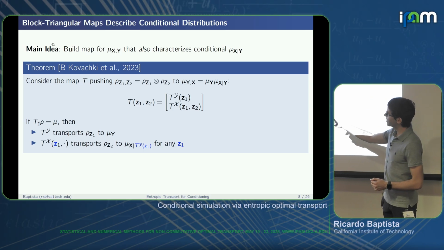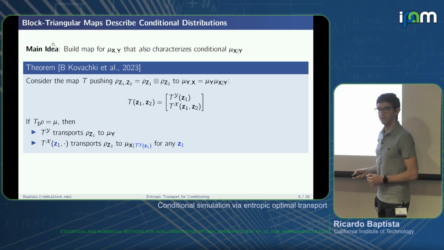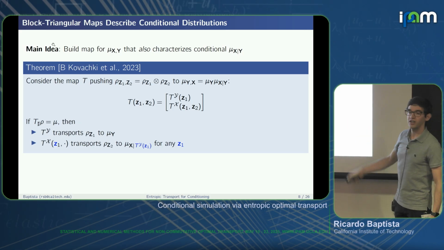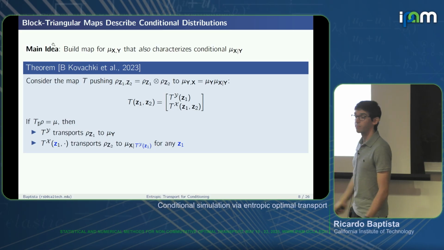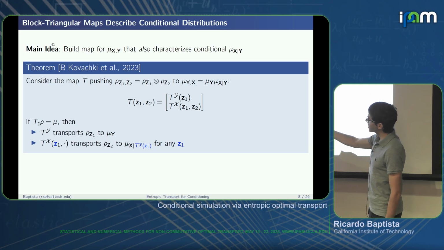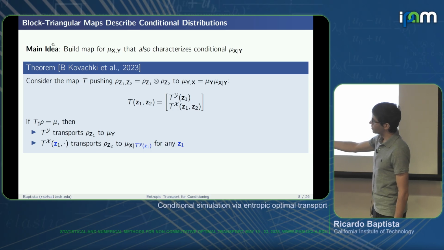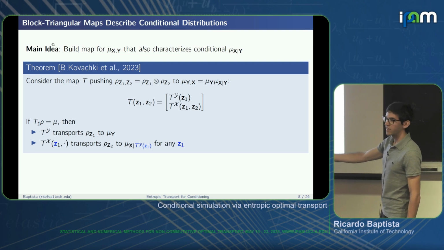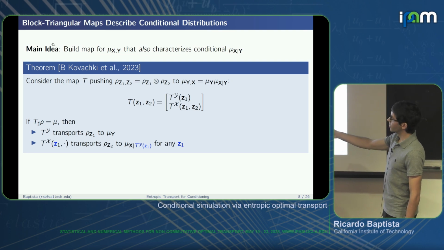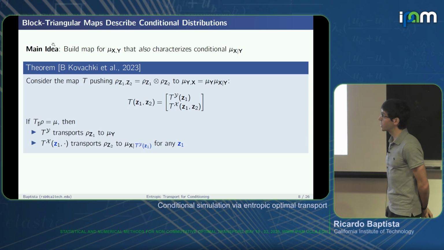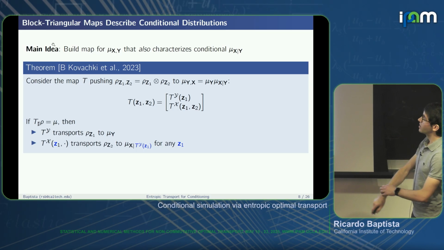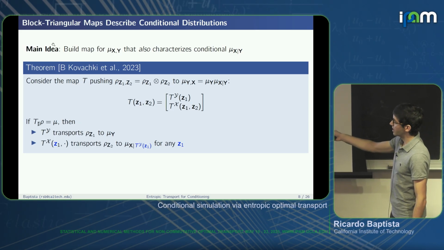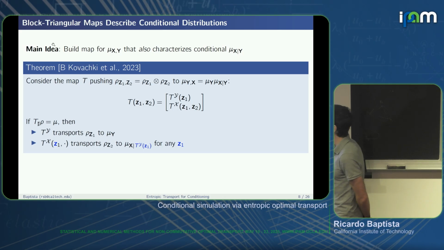So it's a map that can be partitioned into two blocks, here denoted Ty and Tx, such that the first part only depends on the first variable Z1, and the second depends on both of the inputs, Z1 and Z2. If we find a map T that pushes forward rho to the joint mu, then the first component of this map will transport the first marginal rho of Z1 to the first marginal of this joint density mu, so mu of y.